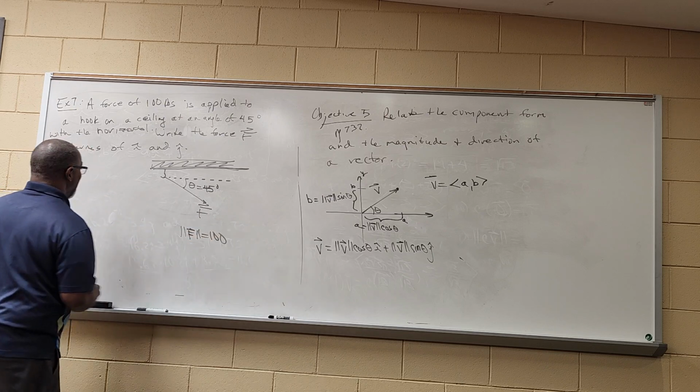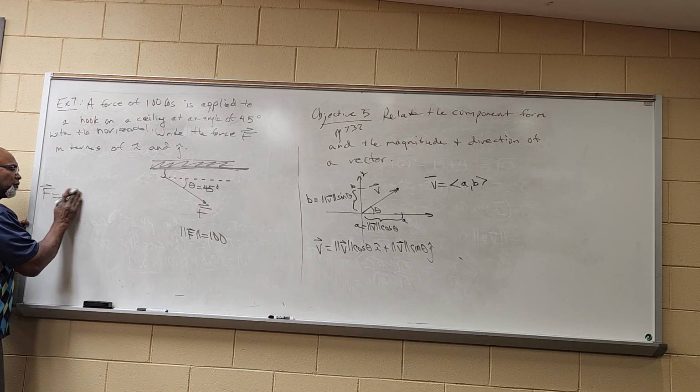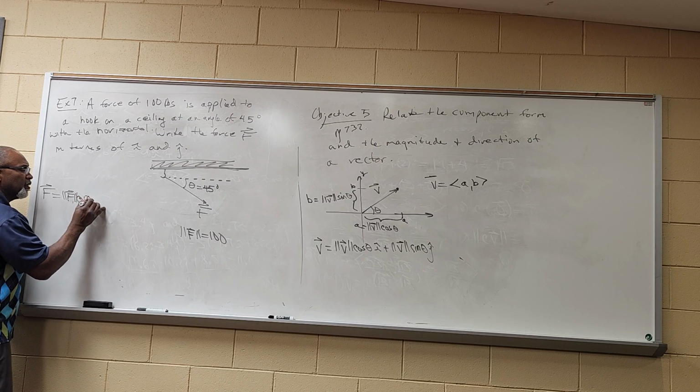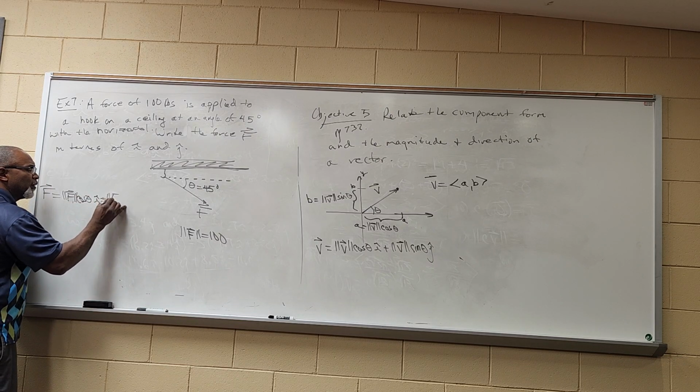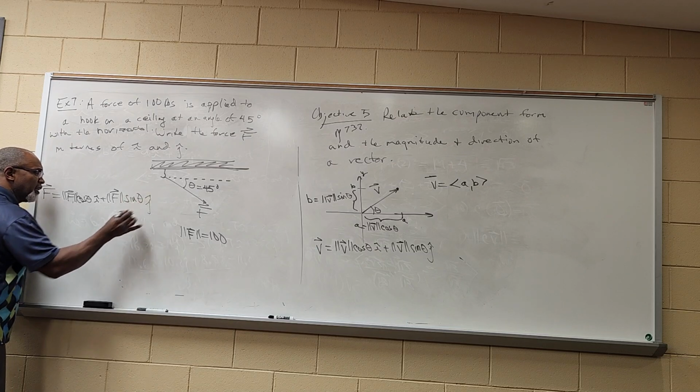So F is the norm of F cosine theta i plus the norm of F sine theta j.